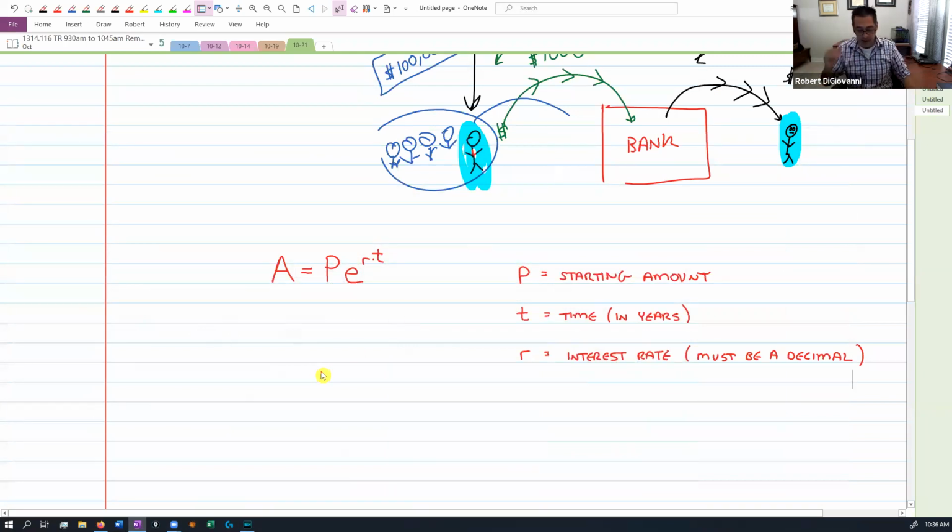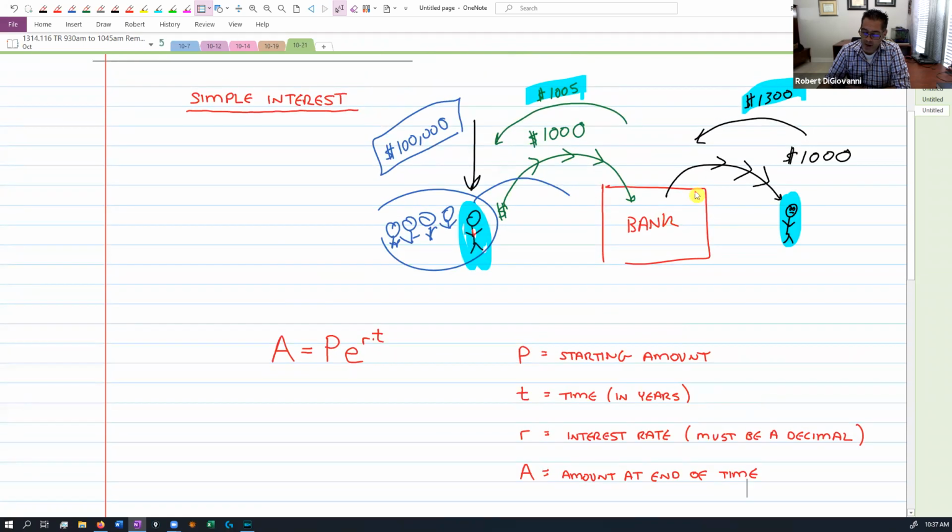All right, so get back to the formula. So the R is the interest rate. What do we still have in the formula? A. Okay, so what is A? A is the amount at the end of time. So the left side of this equation is going to tell you how much you'll have after a certain amount of time.